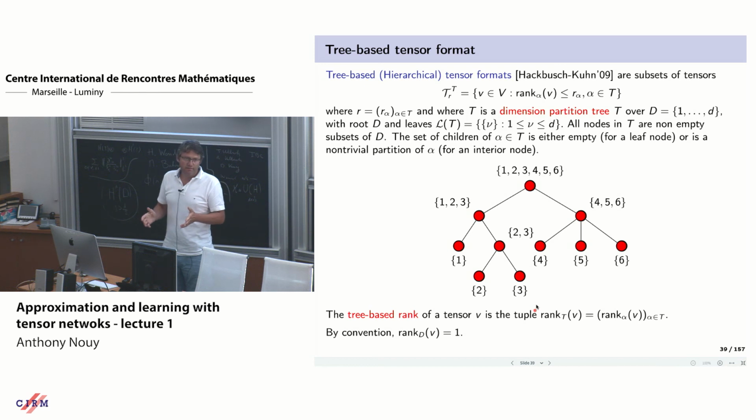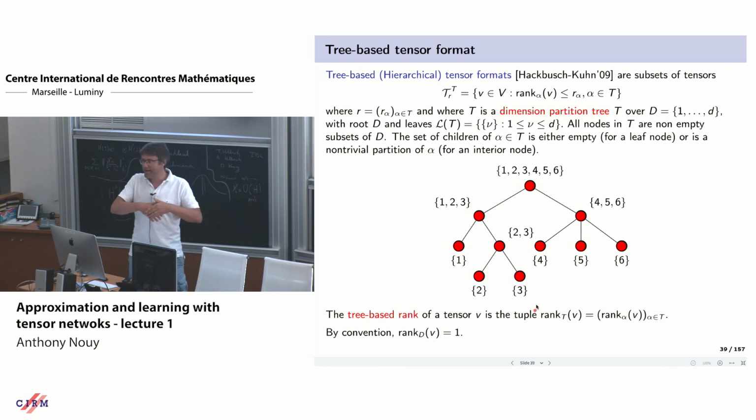What is clear is that the alpha rank of a tensor, with the hierarchy I mentioned before, will always be bounded by the product of the ranks associated with the singletons in the set alpha. But if you have a huge set alpha, this bound is in general not very interesting, so you will have to work more in order to have sharper bounds.